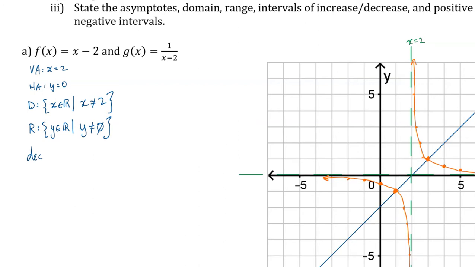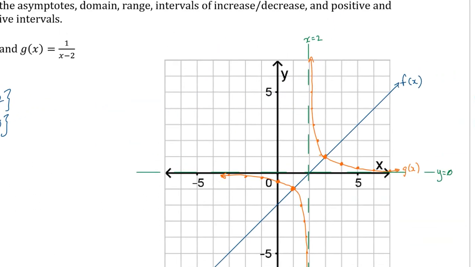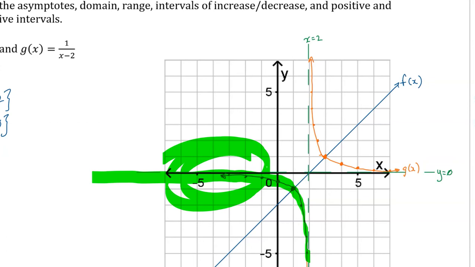Intervals of decrease and increase. So I'm going to do something like this. I'm coming along. Am I increasing or decreasing? Decreasing. And I'm decreasing here as well, right? Because it's going to the left, it's approaching the asymptote from below.